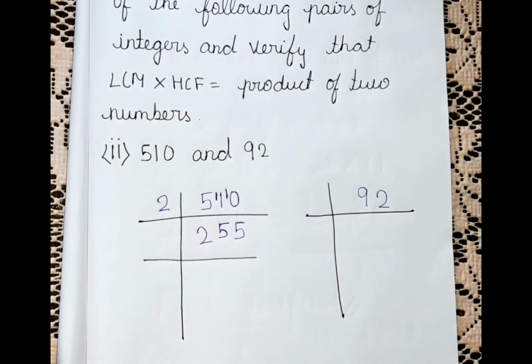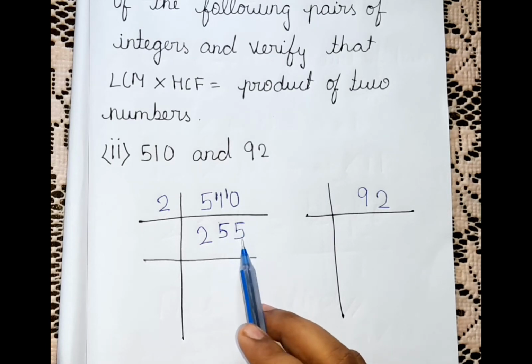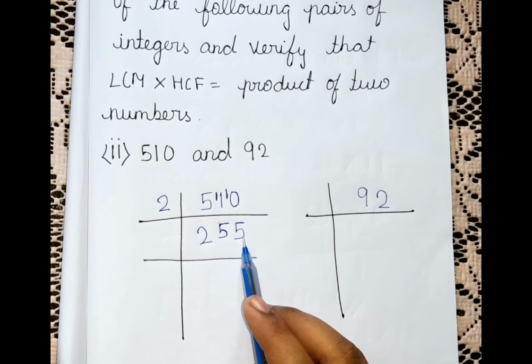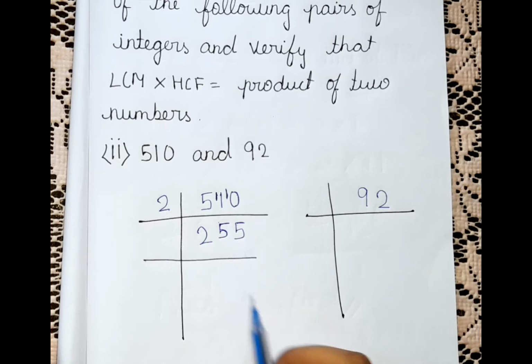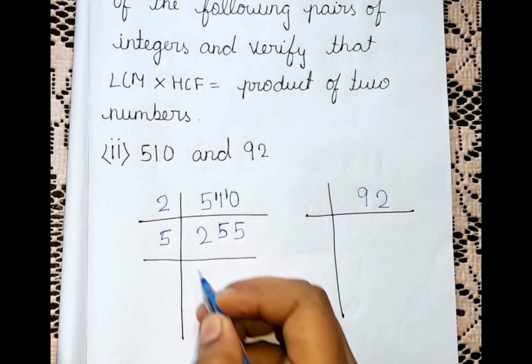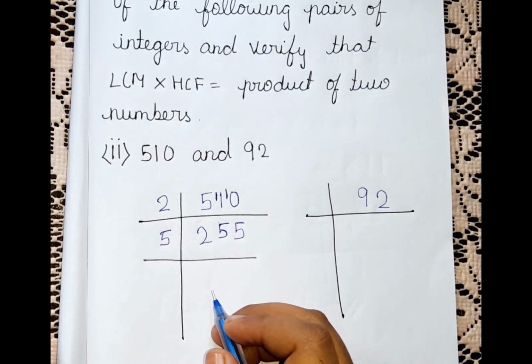Now let's do this. Until we get 1, we have to do this. Here the number is 255. You can see the last digit is 5. As you know, if the last digit is 5, we have to use the 5 table. So we shall write 5 right over here. 5 is also a prime number.